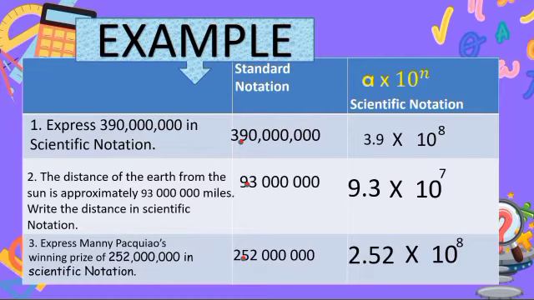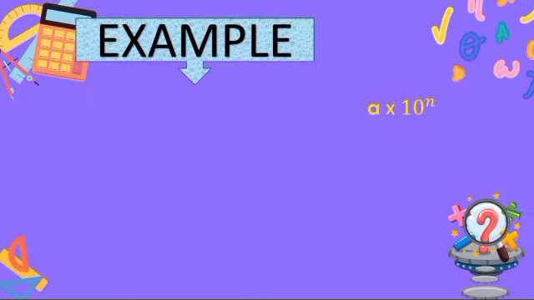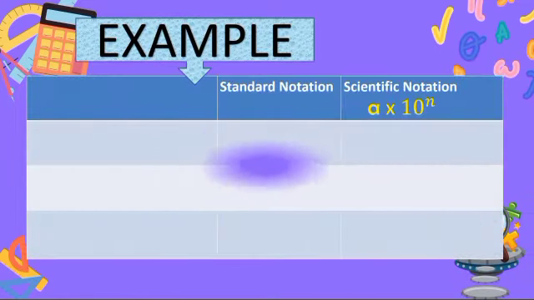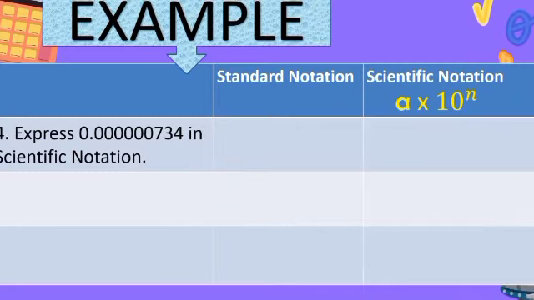Paano naman, ma'am, kapag small numbers? So, ano-ano ba yung mga small numbers? Example, express 0.00000734. So, again, 0 ang whole number niya. So, ibig sabihin, mas maliit siya or small number siya.